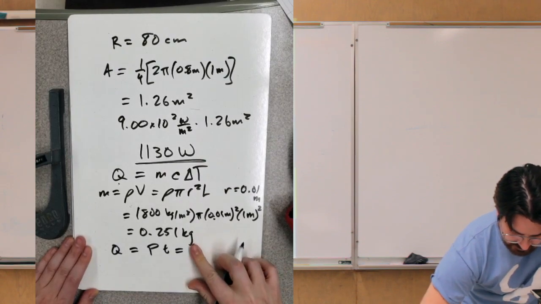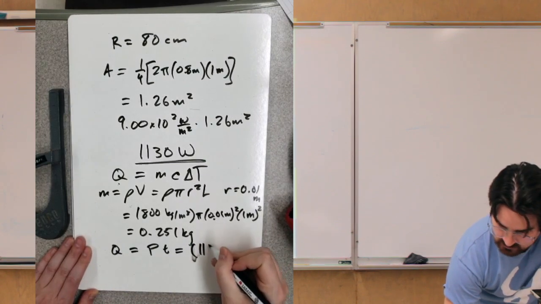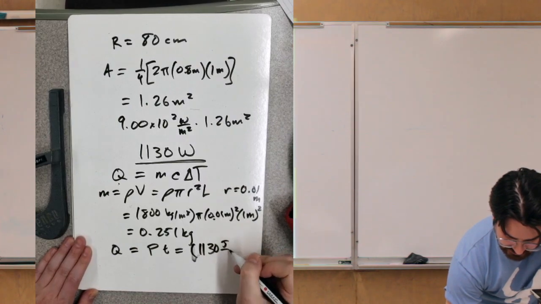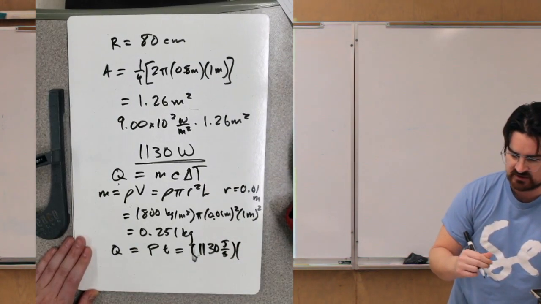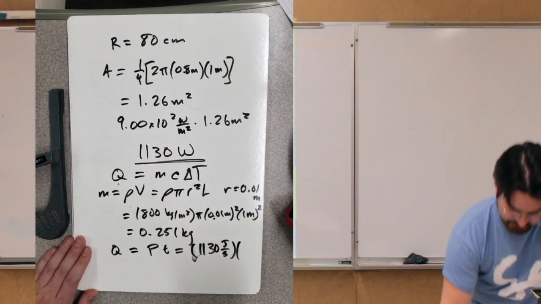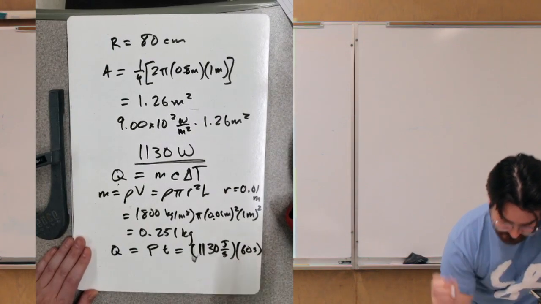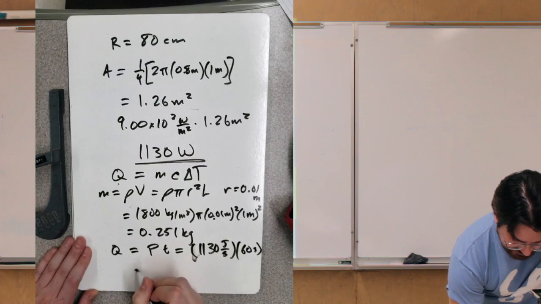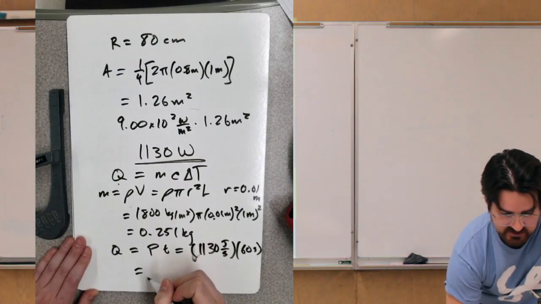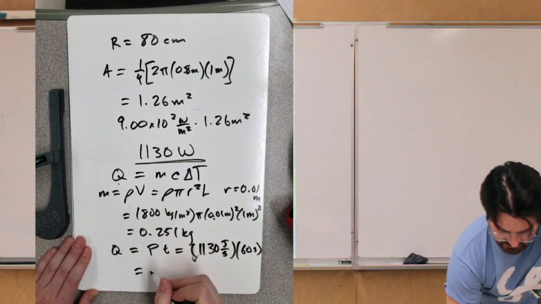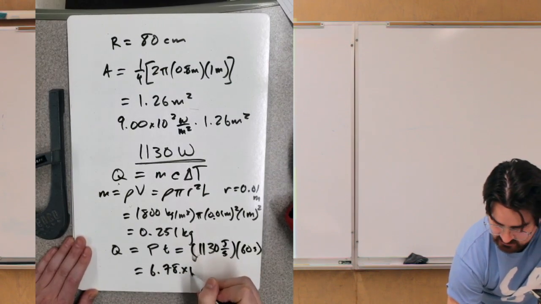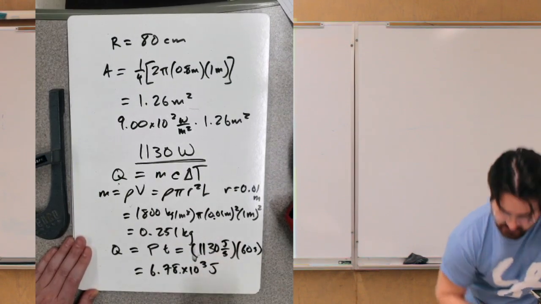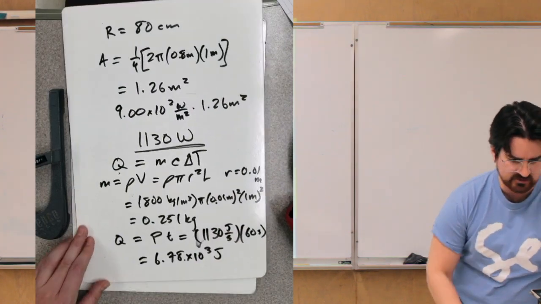That looks like 1130, I'll write it as joules per second, so it's a little more clear, and we're talking about how much is transferred in a minute, or 60 seconds. Those seconds cancel out, and this is good because it should be units of energy. 6.78 times 10 to the third joules.